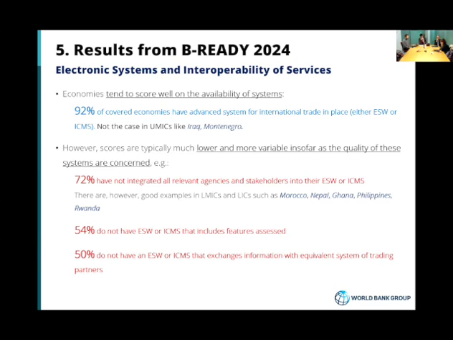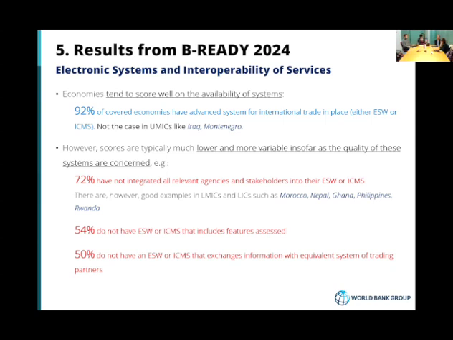But we see that despite a 92% existence, we have cases in upper middle income countries like Iraq and Montenegro where such systems do not exist. And interestingly, while these systems exist, scores are typically much lower and more variable insofar as the quality of these systems are concerned. Again, highlighting that there's a mismatch in terms of availability and the quality of these systems.